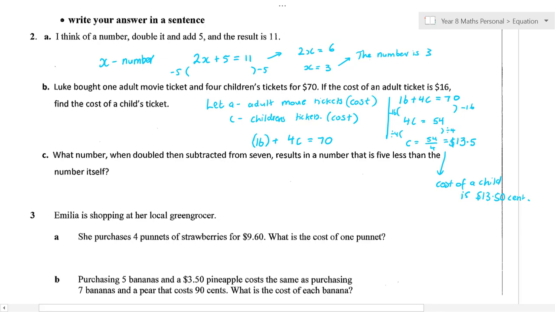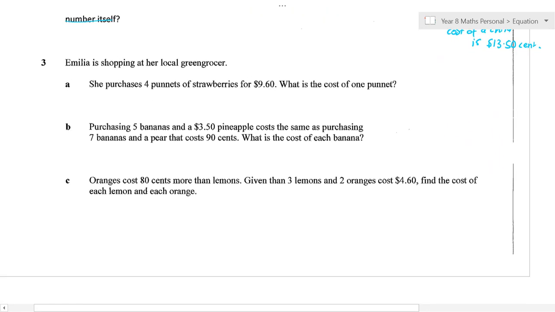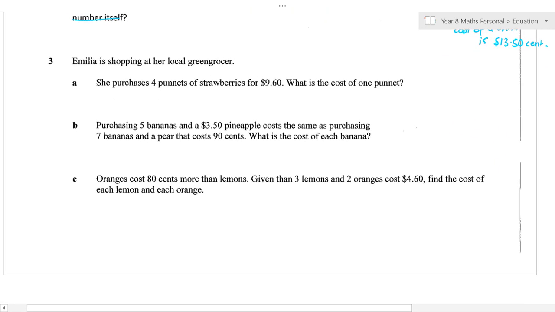All right, now look, this is more or less the same thing. Let's see if we can finish off on this question, but very briefly because I'm mindful of the time, girls. Amelia is shopping at her local greengrocer. She purchases 4 punnets of strawberries for $9.60. So what we're going to do is we're going to let S be the cost of a punnet of strawberries.